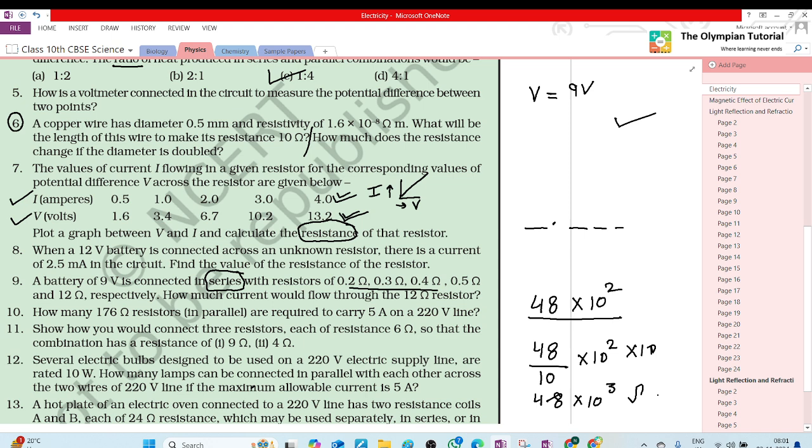In the ninth question, potential difference 9 volt is given. All the resistors are connected in series. For the 12 ohm, they are asking. In series, current will remain same in all.